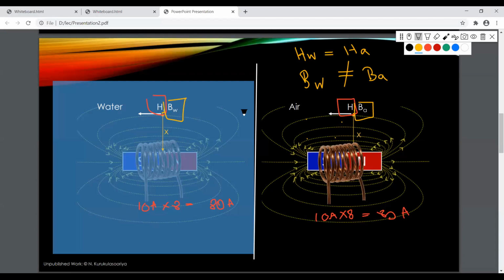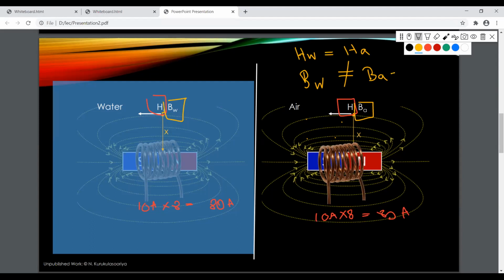When you consider the same point, at the same distance and in the same direction away from the magnet or within the magnetic field, the magnetic field intensity could be the same, but the magnetic flux density is different, right?